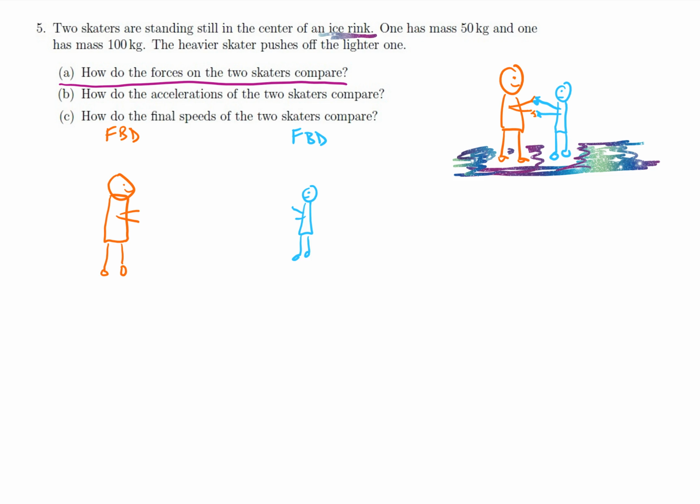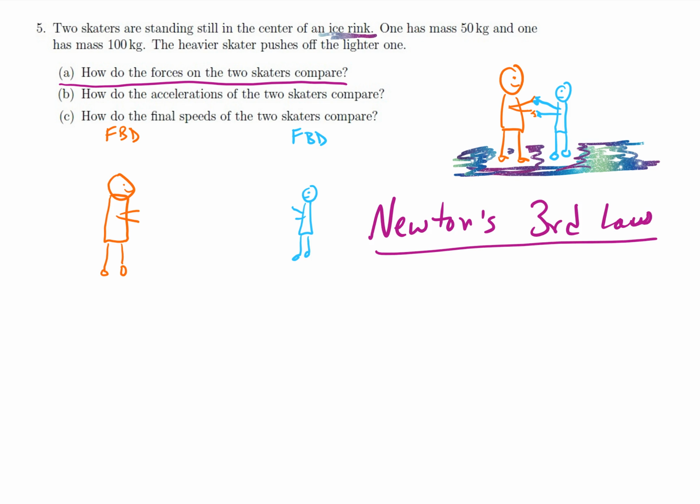Okay, so the key here is that this is 100% a Newton's third law problem. Newton's third law is the one that says for every force there's an equal and opposite force.